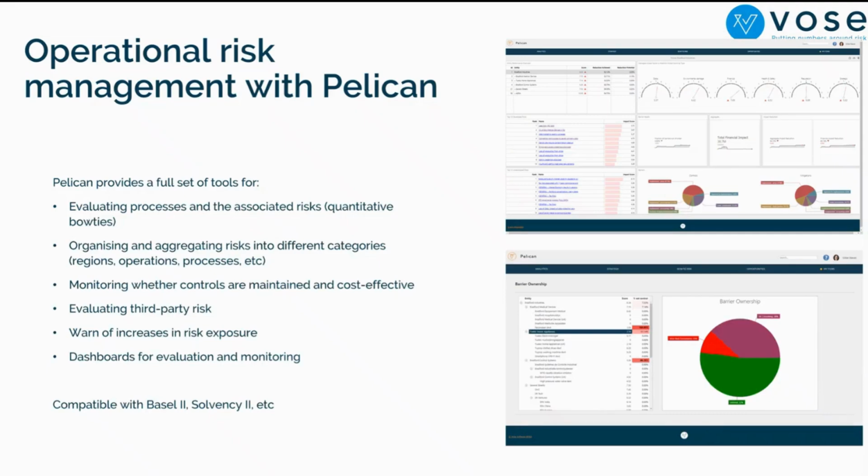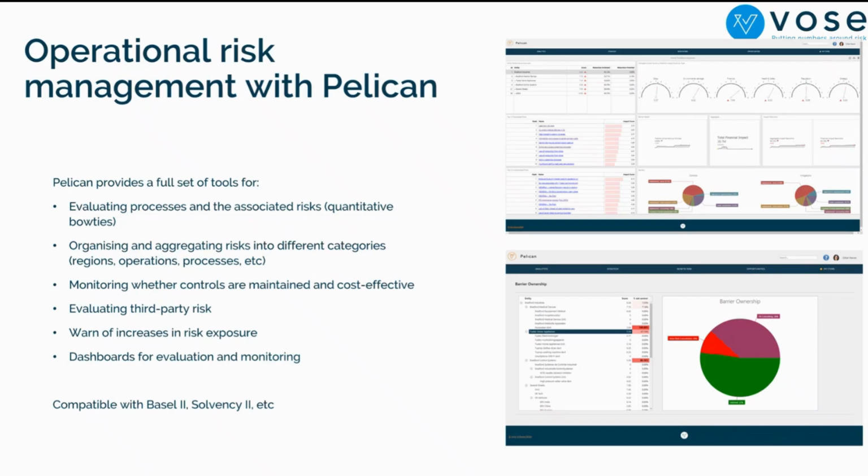For the risk manager, Pelican provides a full set of tools. So evaluating process and associated risks, the quantitative bow ties, aggregating risks into different categories for region, for operations, for business process, etc. You can monitor the status of the controls and mitigation strategies, and also make sure that they are cost effective.